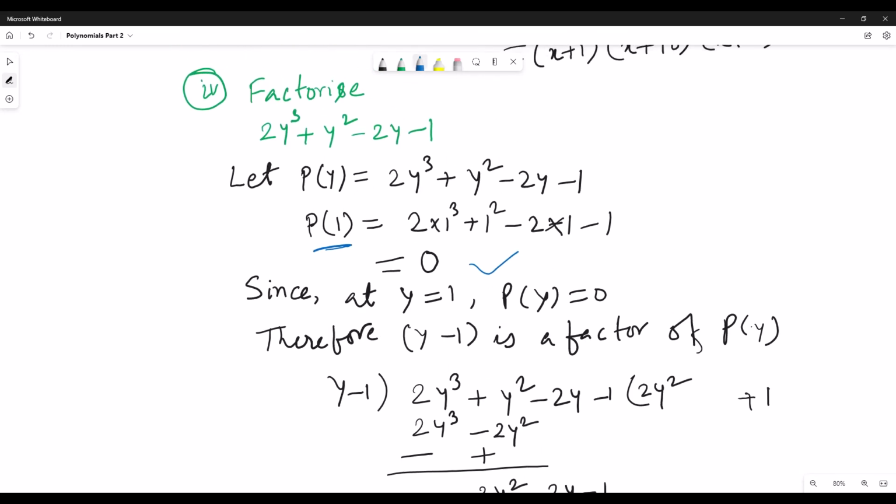There is another way you can factorize this. You take y square common in the first term.